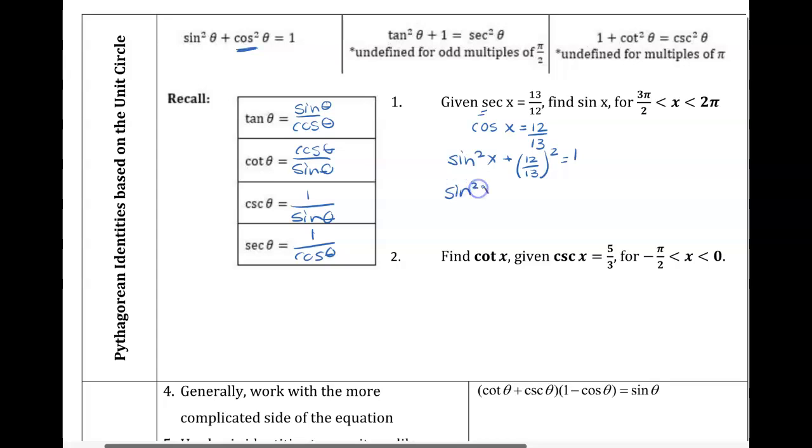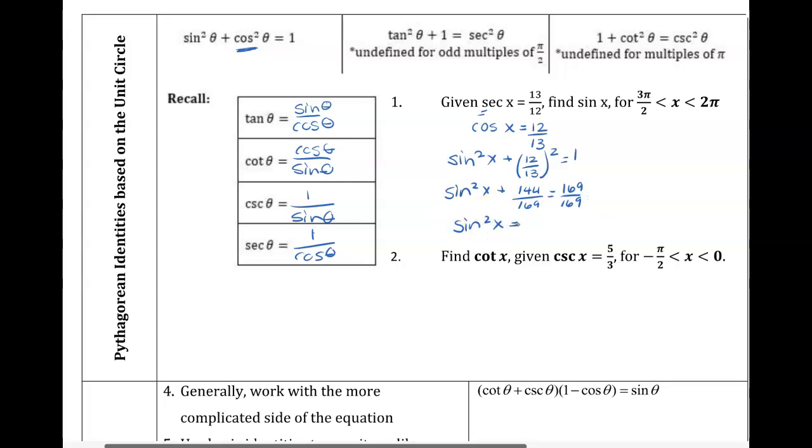So sine squared of x plus, squaring each numerator and denominator, we get 144/169. And I'm going to rewrite this 1 as 169 over itself, so that when I subtract that value over, we have common denominators.